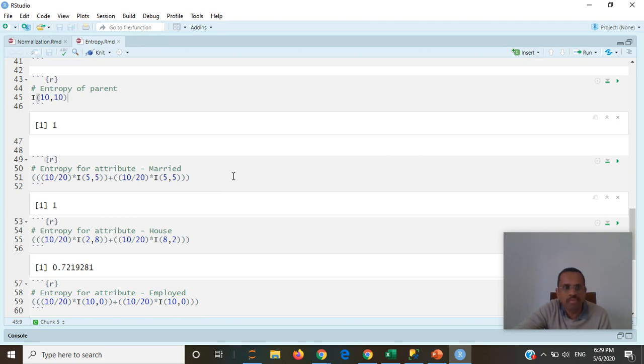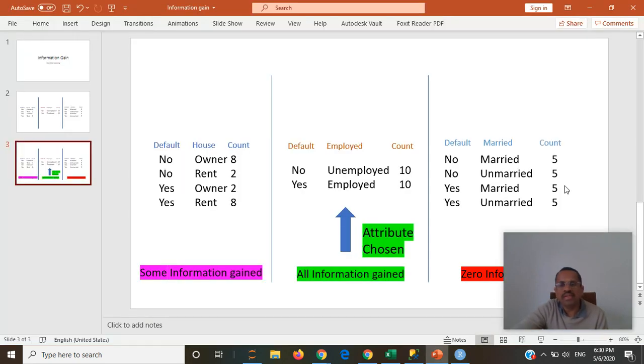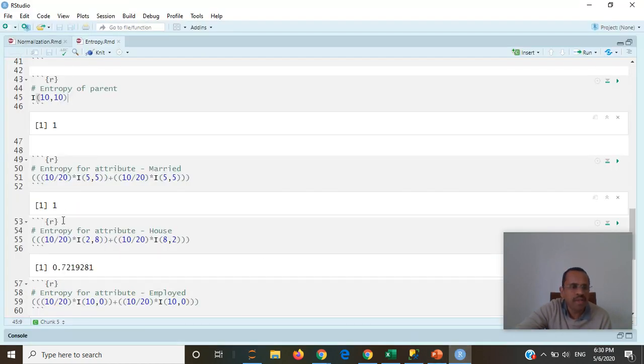I'm not going through the formula because I want to keep the matter simple here. So we calculate the entropy of the marital status attribute. The entropy is 1, as it is an admixture. That is, it is impure, mixed together. The entropy is 1, that is a maximum impure group.